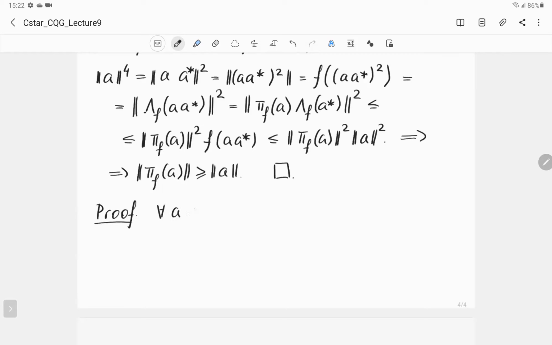Namely, for each element A in our algebra, the norm of A is less than or equal to the supremum of the norm of pi f of A, where f runs over the set of states of A. This follows from the previous lemma.